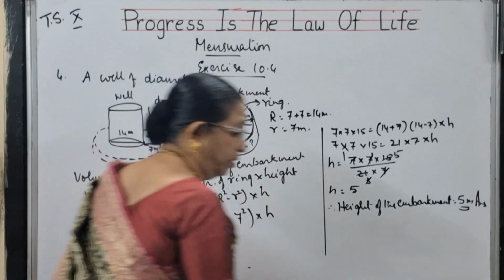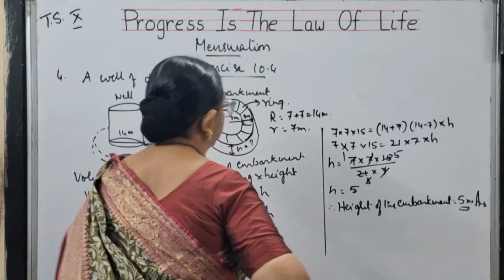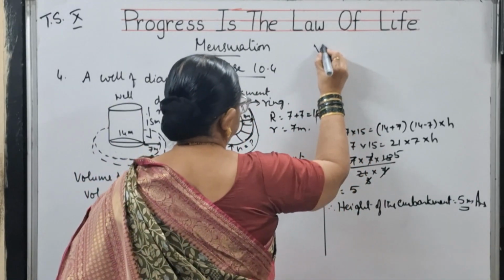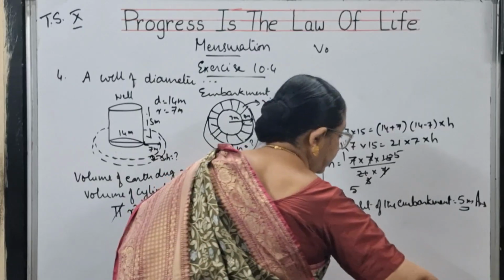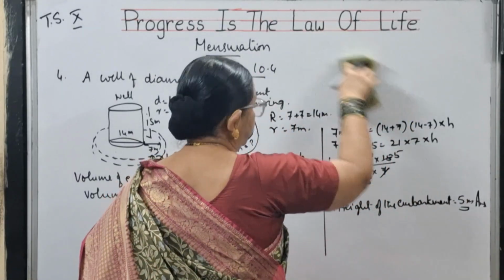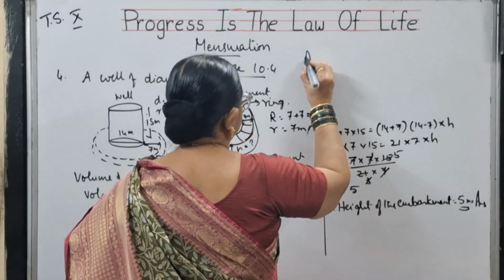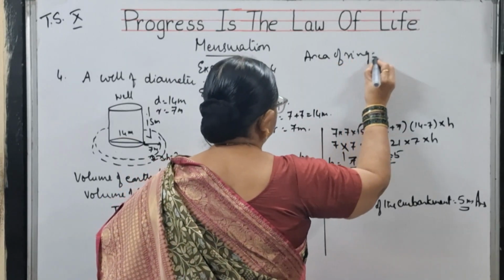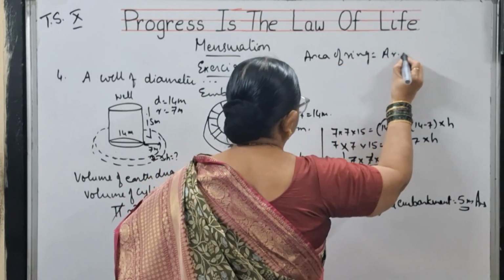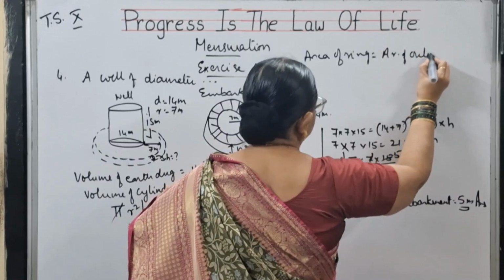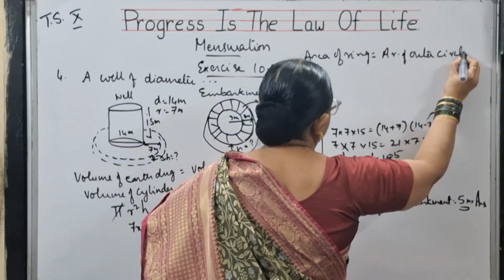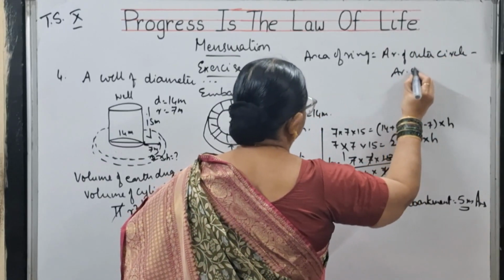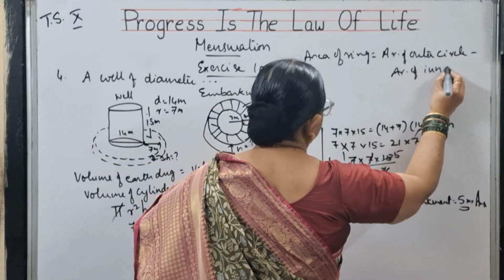Okay, if anybody needs it, I'll be writing it here, so it may help you to understand the area of a ring. How will you get it? Area of the outer circle minus area of the inner circle.